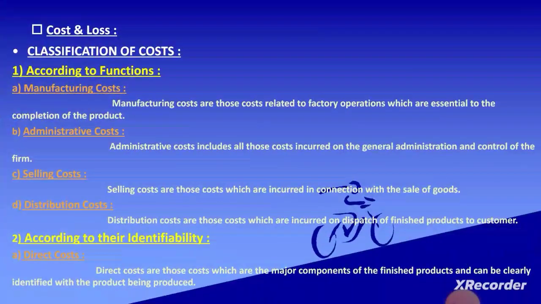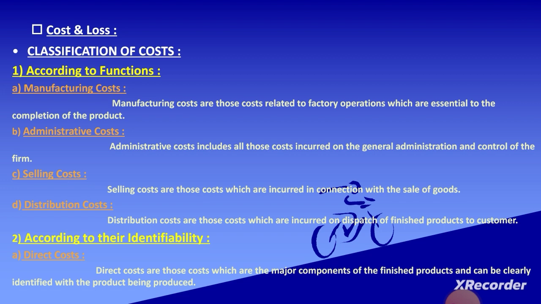The most common classification of cost in a manufacturing establishment is on the basis of function to which they relate, because costs have to be ascertained for each of these functions. In that, the first one is manufacturing cost. Manufacturing costs are those costs related to factory operations which are essential to the completion of the product.